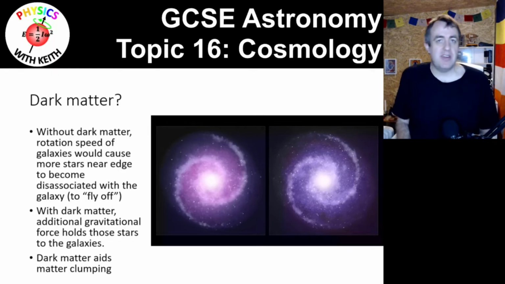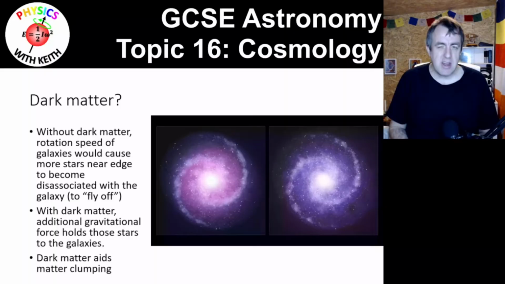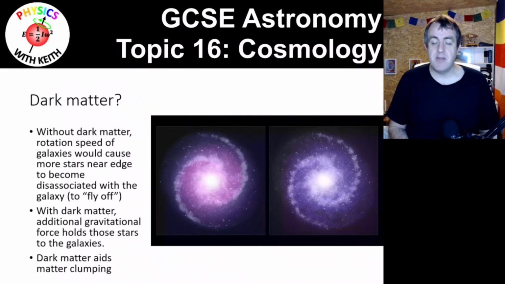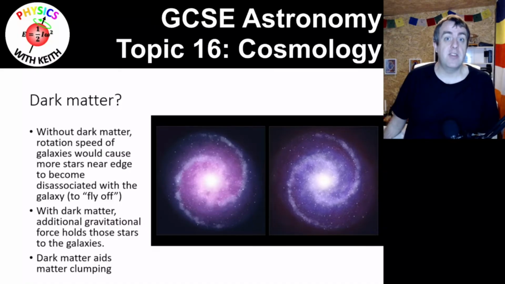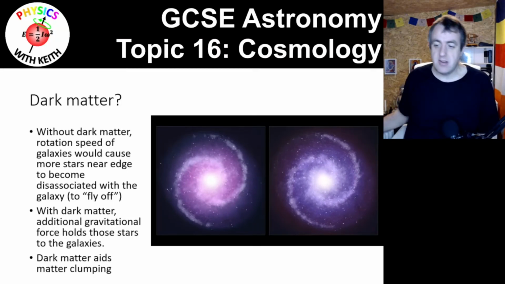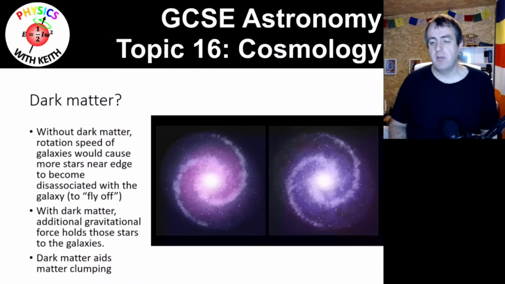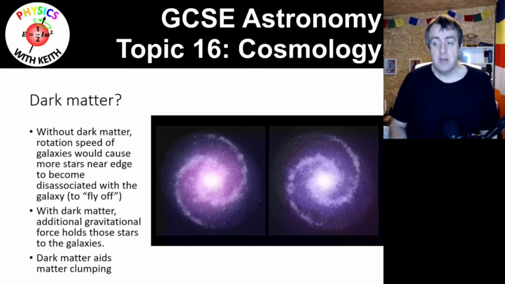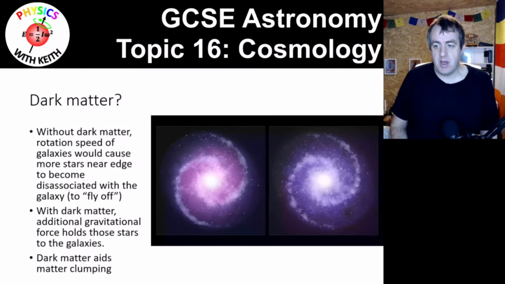Using our most successful models of gravity, general relativity, incredibly successful models of gravity that can predict things that we've later observed, like gravitational lensing and the lack of existence of the planet Vulcan next to the Sun, which older models of gravity predicted that there was a planet there. There isn't. So using the most successful model of gravity we've got, galaxies with the amount of mass that we can see ought to be unstable. They should be flinging themselves apart.